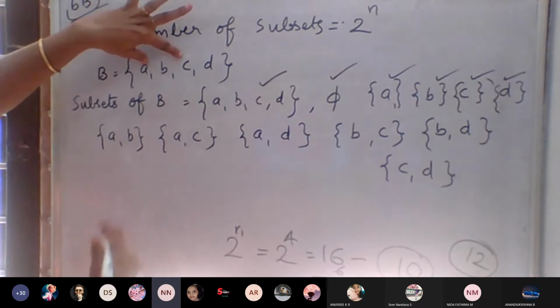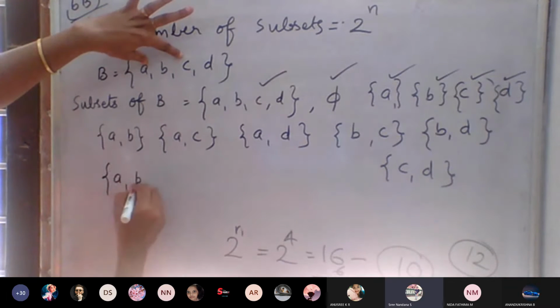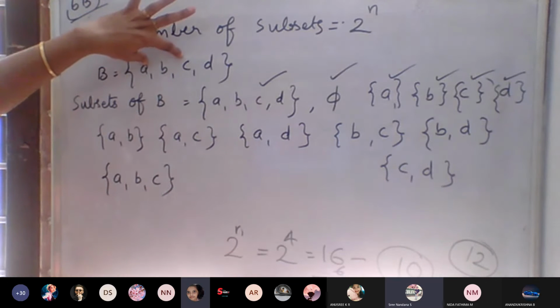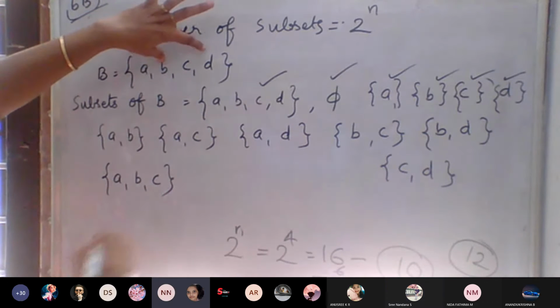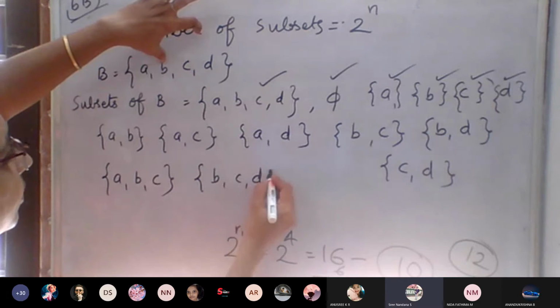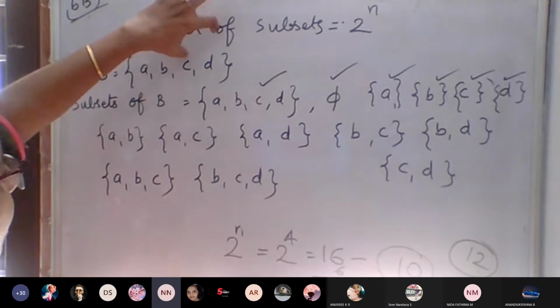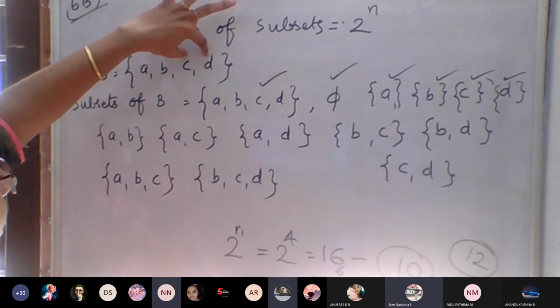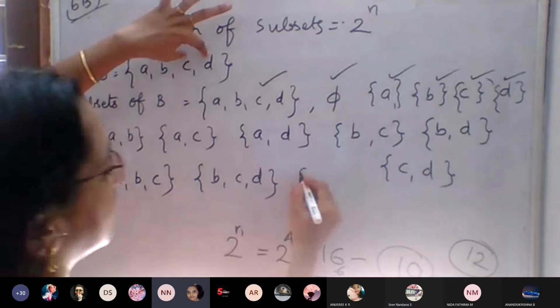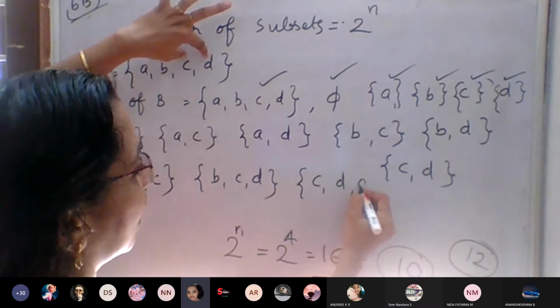Grouping 3 means first we can take set ABC. Set BCD. Set CDA.